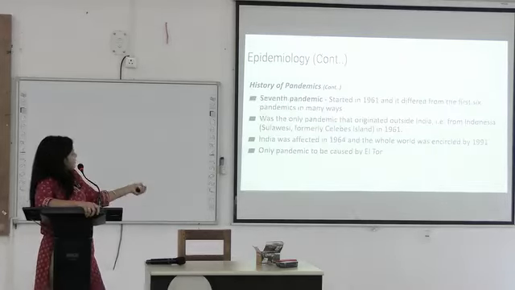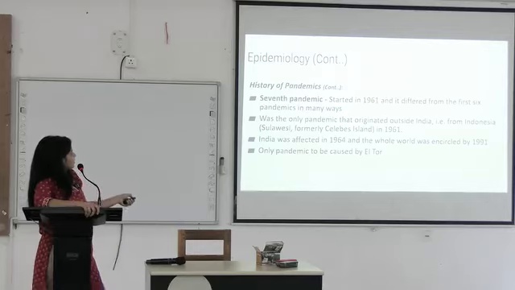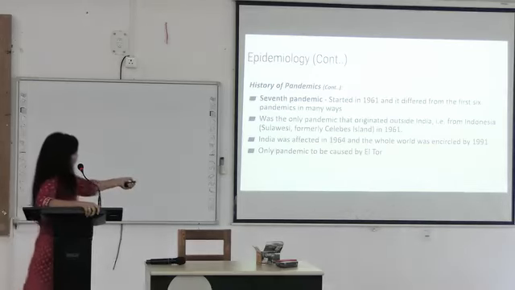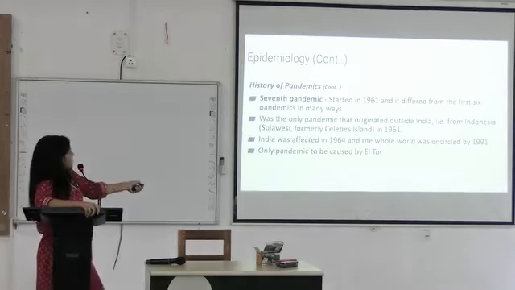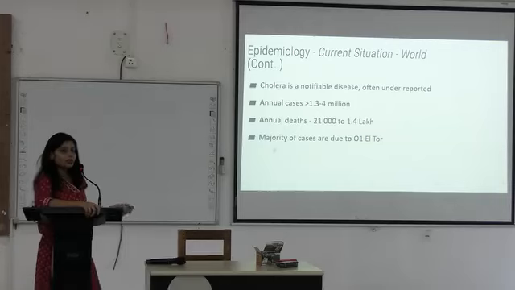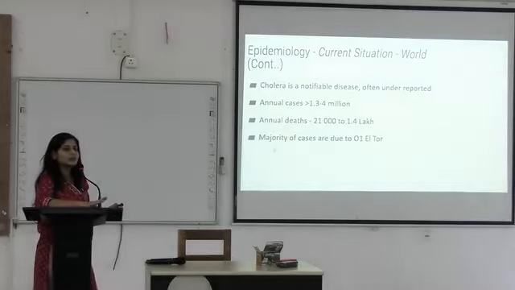Of the 7 pandemics that have occurred, 6 were because of the classical biotype, and from 1964 to 1991, the only pandemic was caused by El Tor. Everybody knows that cholera is a notifiable disease. What do you mean by notifiable?